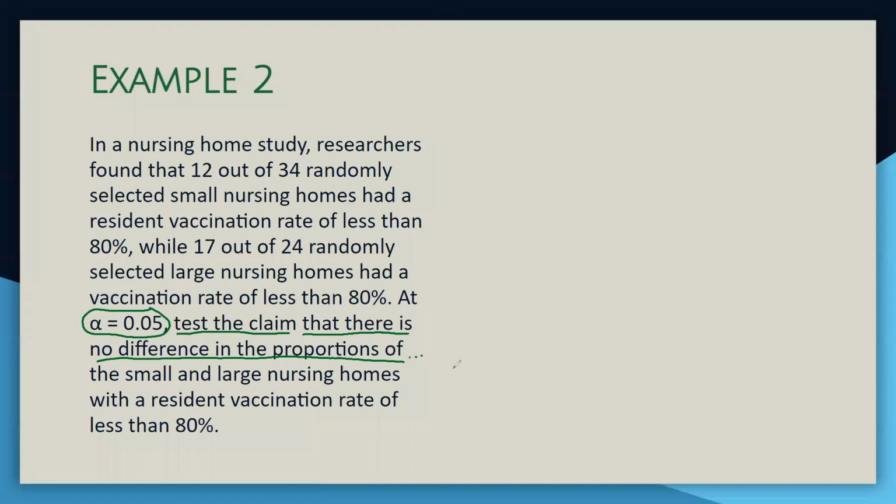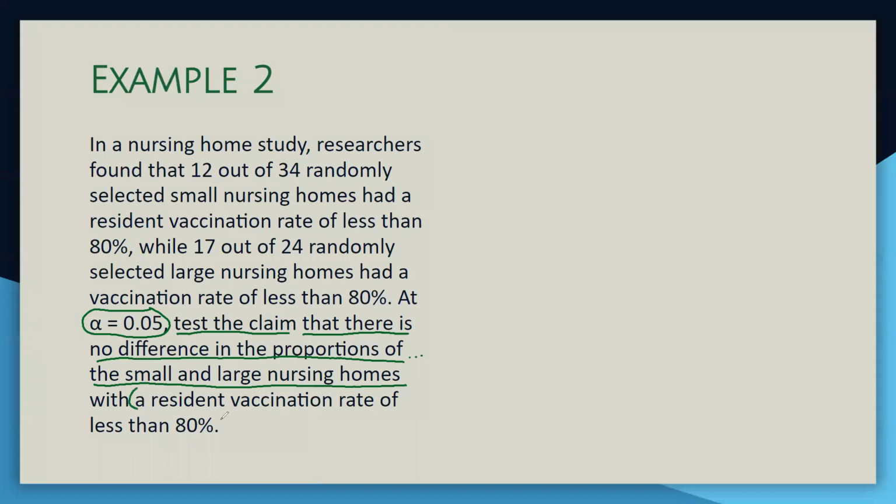And then we're going to go pick information out of the problem. And there's some extra information here. If you continue reading that last sentence, it says test the claim that there is no difference in the proportions of small and large nursing homes. That's the end of our claim. And then what we're defining as a success is a resident vaccination rate of less than 80%. So that 80% is not a proportion. It's part of the definition of a success.